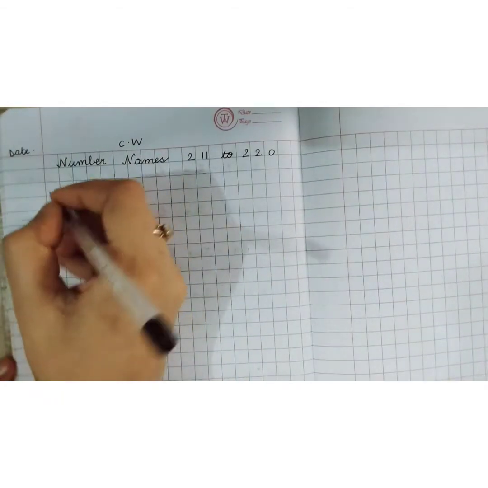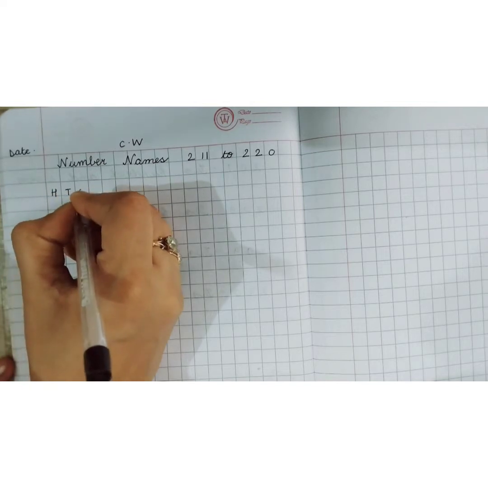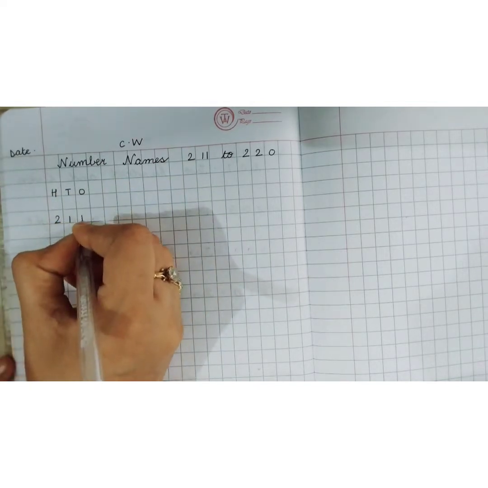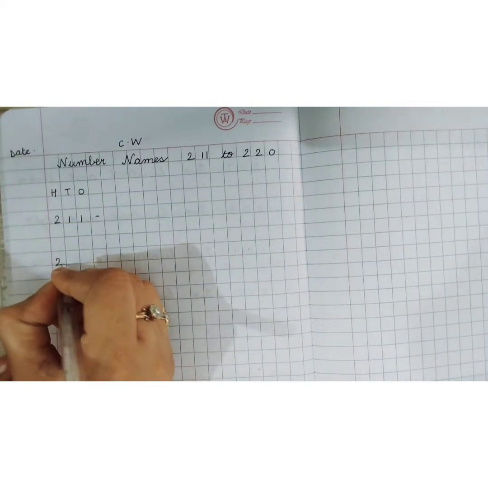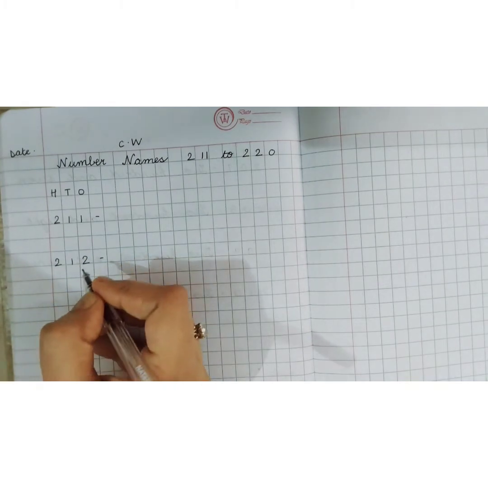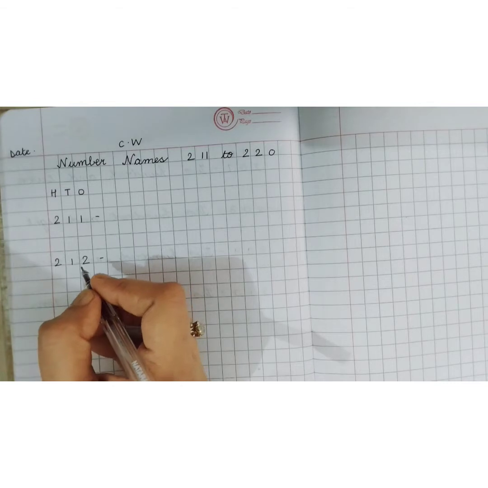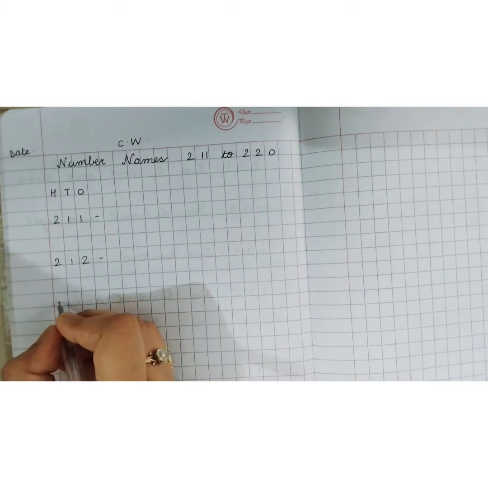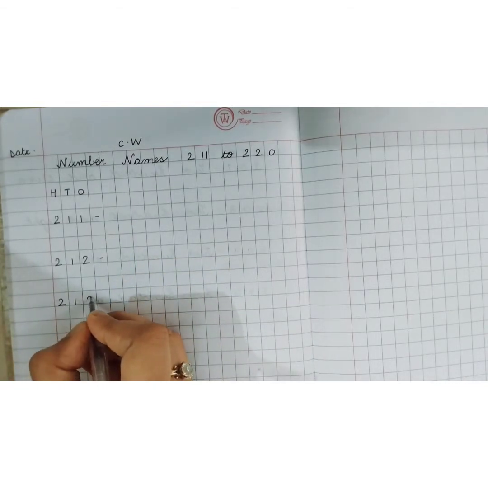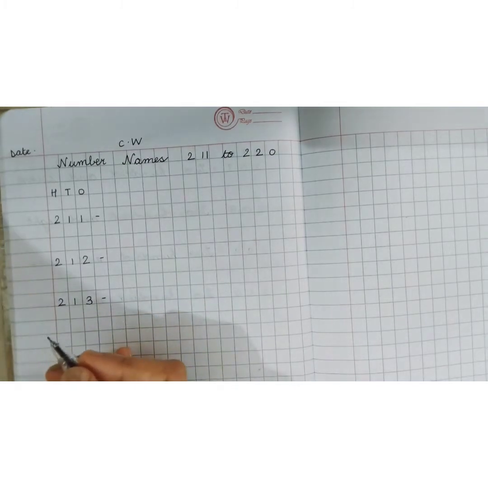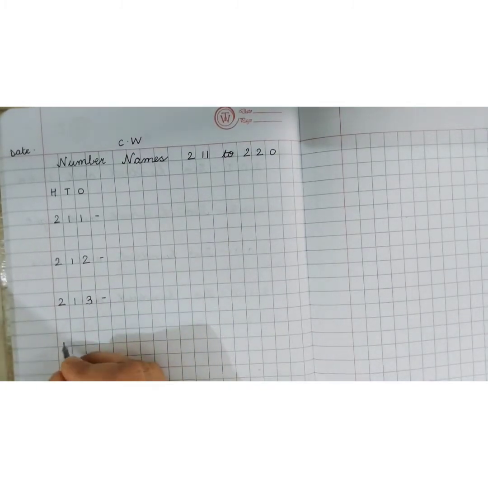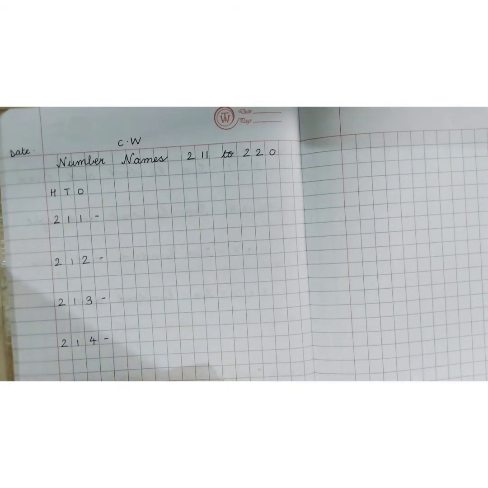We will first write HTO and then start writing the numbers. So under HTO we will write 211, 212 in numbers. So here I have left 2 blocks in between each number. That would be enough space to write the number names.